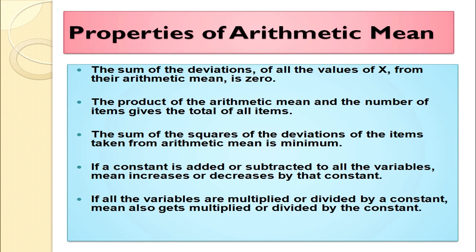We have seen this when we calculated by the assumed mean method. If all the variables are multiplied or divided by a constant, the mean also gets multiplied or divided by that constant. So students, we have learned about the properties of arithmetic mean also. I assume that you have learned how to calculate mean in case of all the series by all the methods. Thank you.